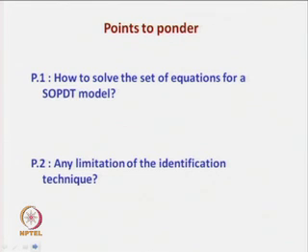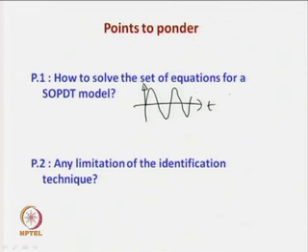Now, the point to ponder is how to solve the set of equations for a second order plus dead time model. I have already given the guidelines. From the sustained oscillatory output, it is very difficult to make out whether the system dynamics has unstable poles or stable poles, but applying intuition, you have to solve the set of nonlinear equations.